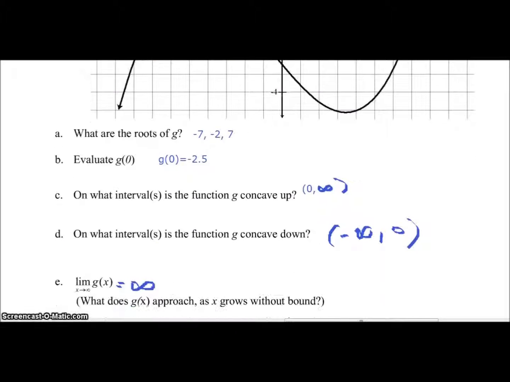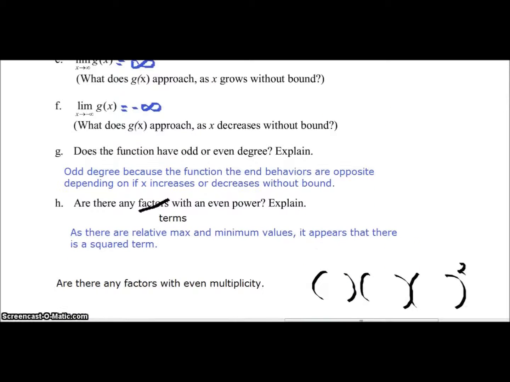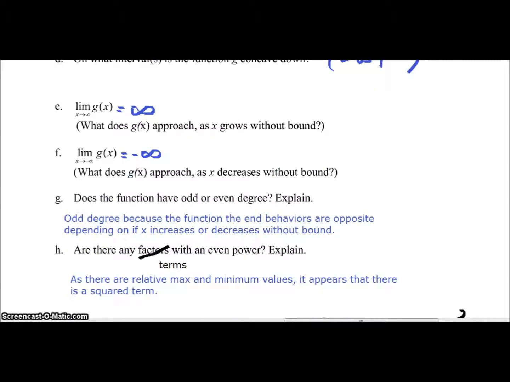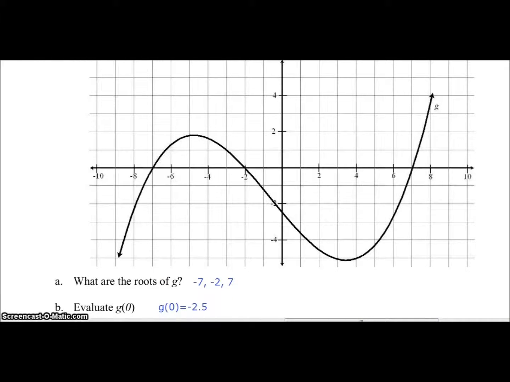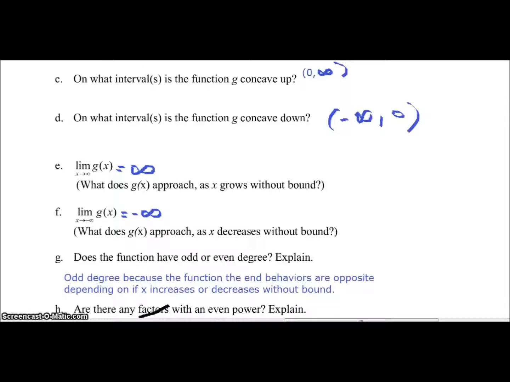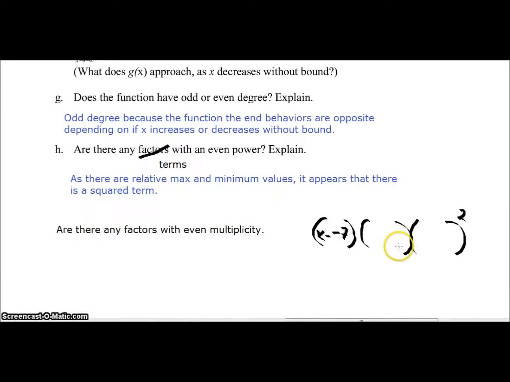At -7 we cross. That means that x minus -7 is a factor. We just cross, so it has an odd multiplicity. Here at -2 we also cross, so x minus -2 is a factor.